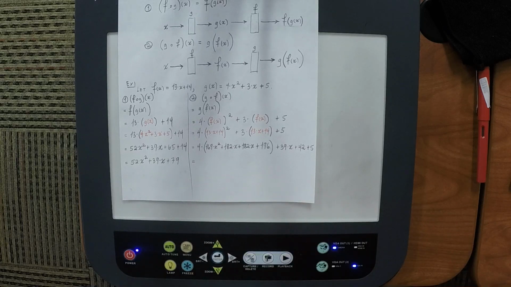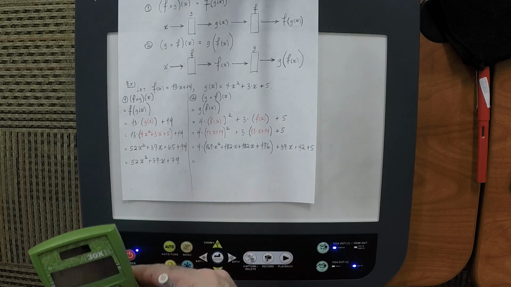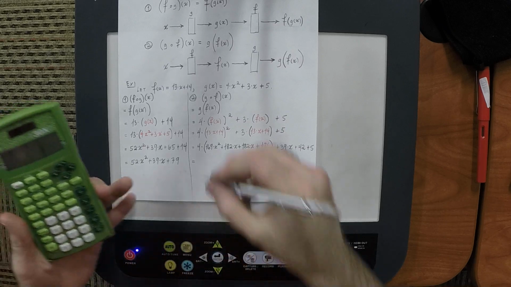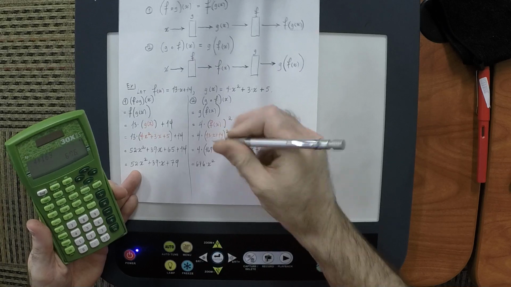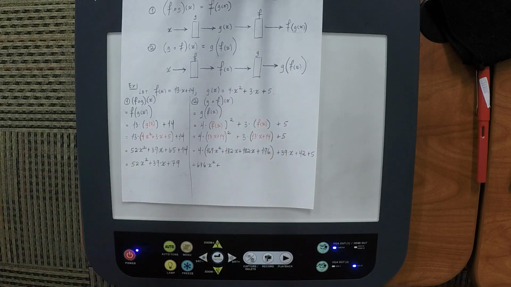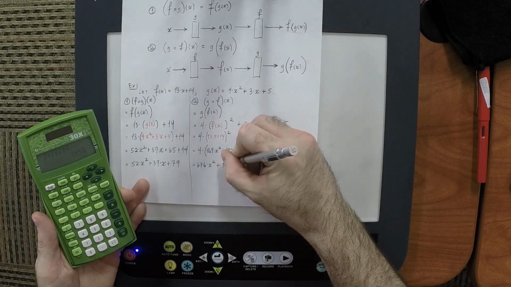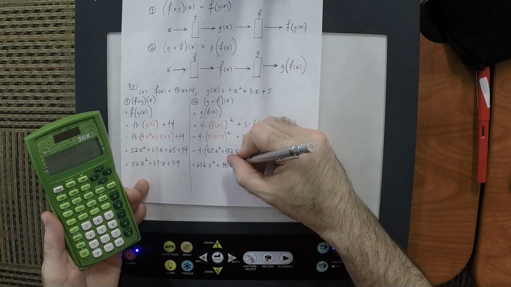Now I'm getting beyond my arithmetic depth here. Okay. 4 times 169, 676 x squared, and then plus 182 plus 182, and then multiply that by 4, 1,456 x's.